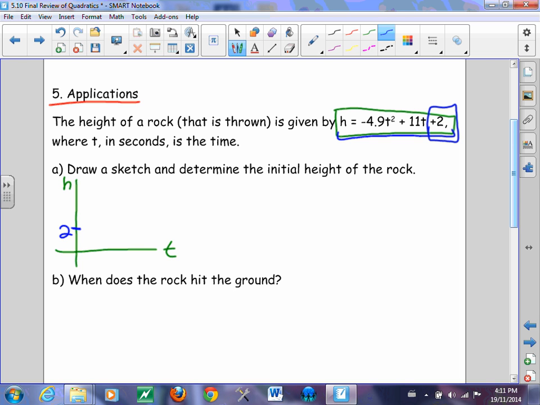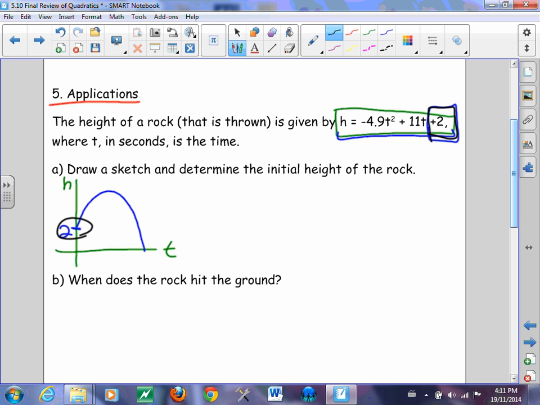Okay, I'm going to throw it, ladies and gentlemen, and it's going to go high up in the air and it's going to come back down. So maybe I'm on a park bench, or I've got to be up high somewhere, 2 meters, to throw it. Okay? All right. So it says draw a sketch. So we've got a sketch, and it says to determine the initial height. So the initial height is either on your diagram at 2 or in the equation there.